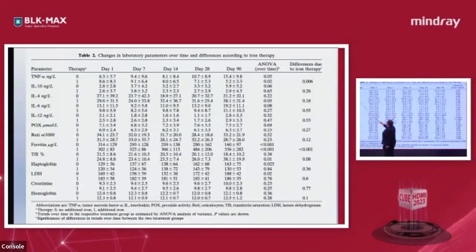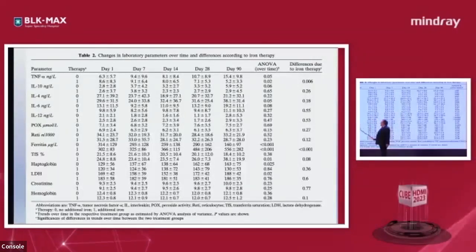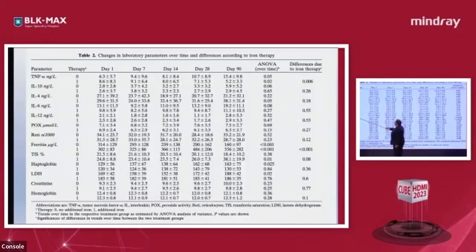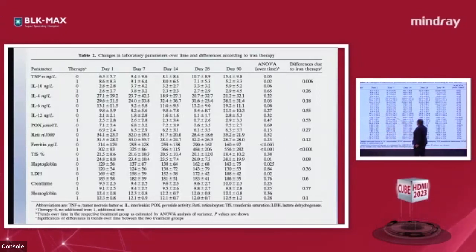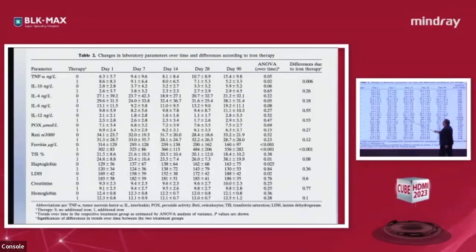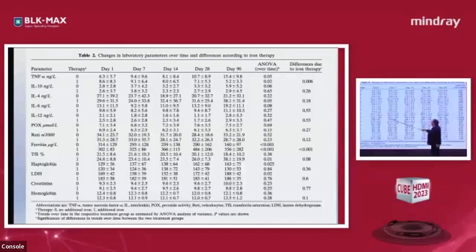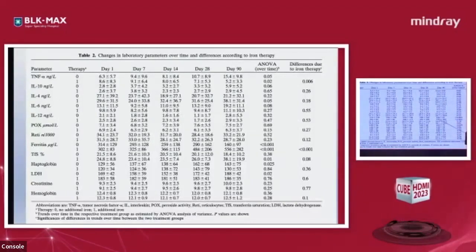Here you can see the group of 0, no iron, and the group of 1, iron. The most amazing for him: in the group with no iron, the ferritin was decreasing over time down to 160. The group with iron, with the dosage established exactly as the guidelines said, was increasing with time up to 556.